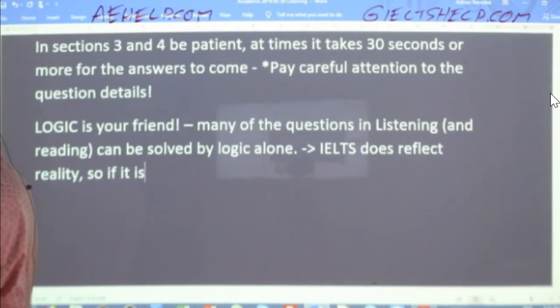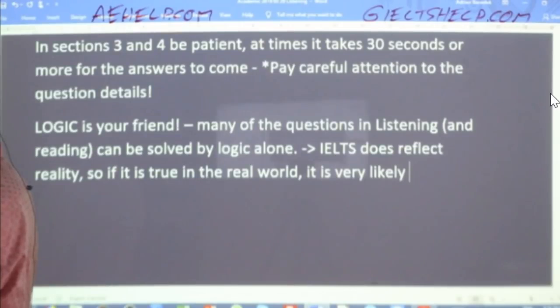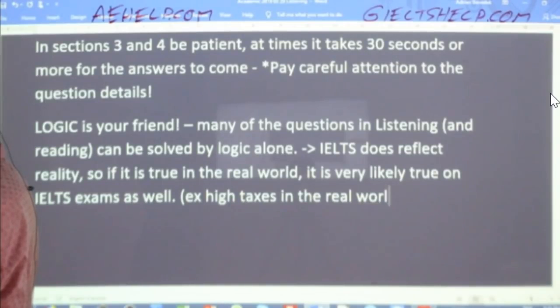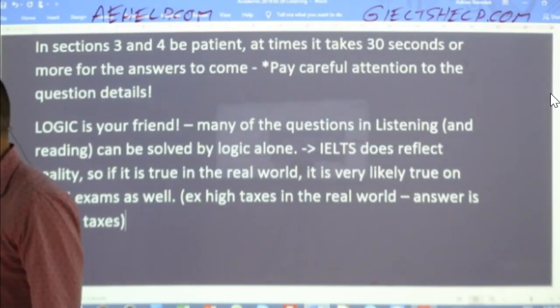So if it is true in the real world, it is very likely true on IELTS exams as well. Okay, so high taxes in the real world. Answer is high taxes. Okay, keep that in mind.